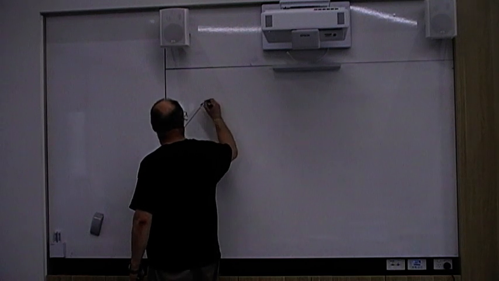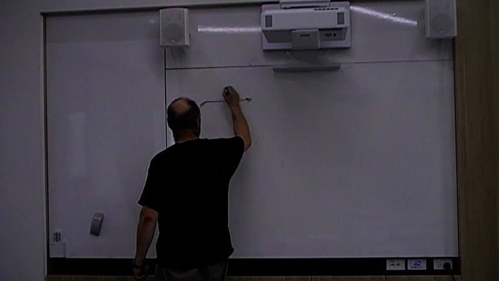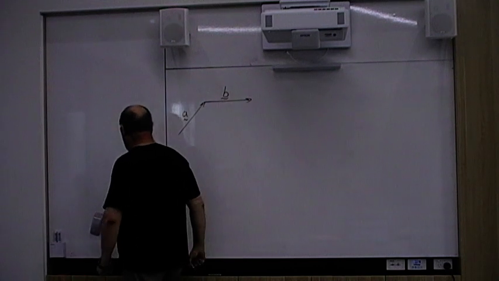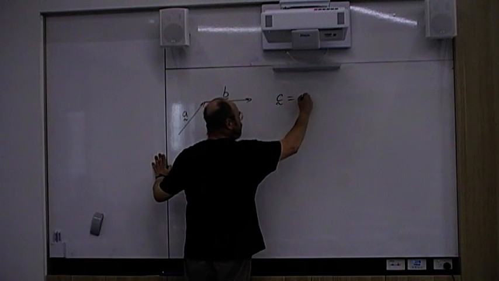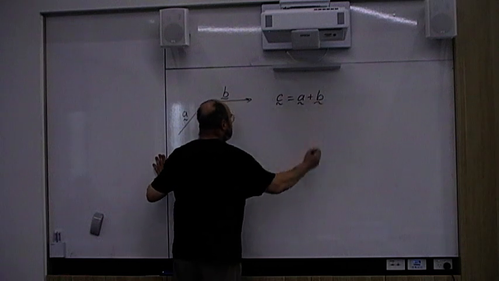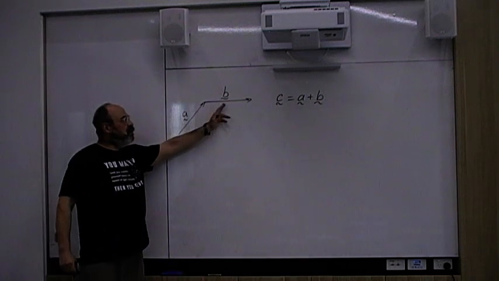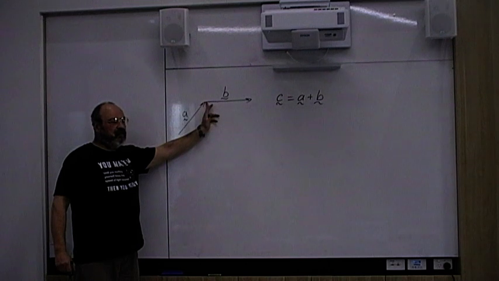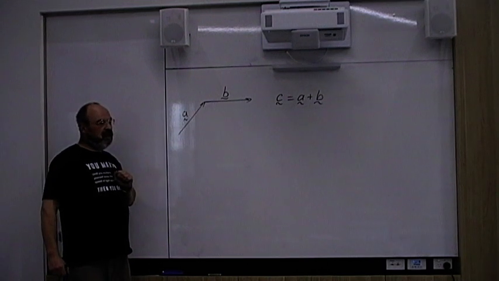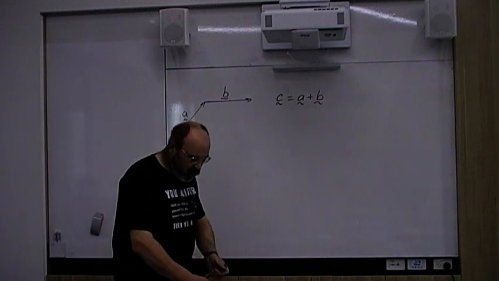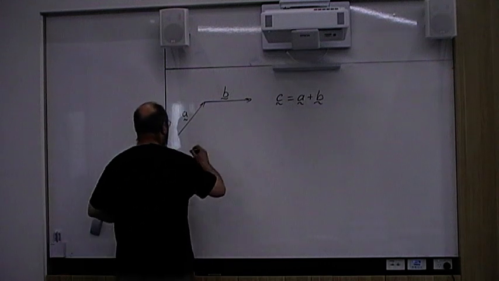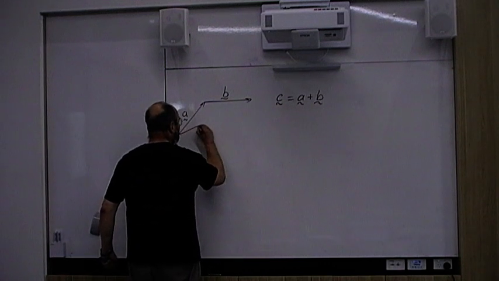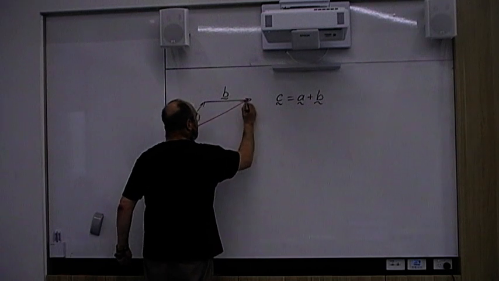If we have vector A and we have vector B, to add them, we are finding vector C equal to vector A plus vector B. We need to place the beginning of vector B at the end of vector A, and then the result of the addition will be vector C, which will start where vector A starts and finish where vector B finishes.